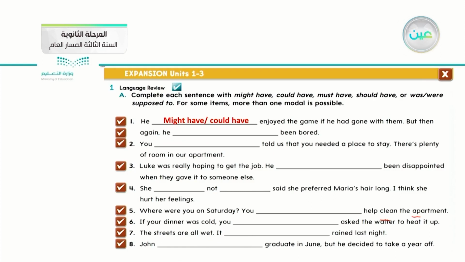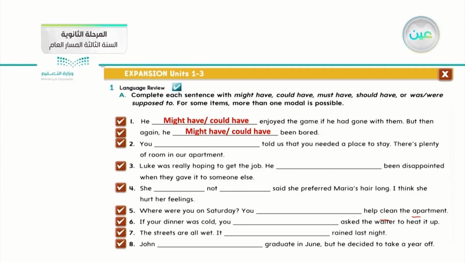So we can use might have or could have with this sentence. He might have enjoyed the game if he had gone with them. But then again, he also might have or could have been bored. Number two: You, space, told us that you needed a place to stay.